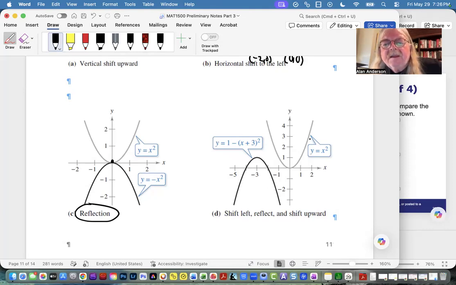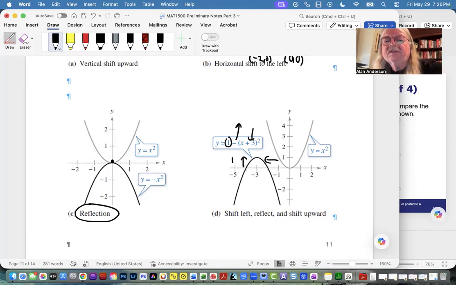This one, they've done two things. They've reflected it and they've, wow, added this to shift it to the left. And then this constant shifted it up by 1. And the negative, boy, they really went to town on this one. So the negative made it flip upside down.